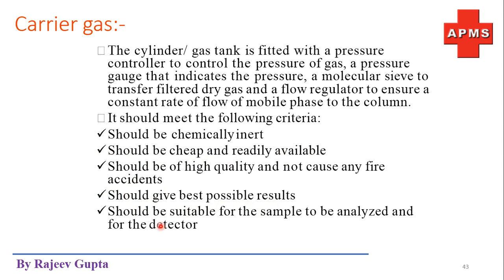It should give the best possible results, meaning the results obtained should be interference free, and it should not create any interference during detection. It should be suitable for the sample analyzed and for the detector, meaning we choose a suitable carrier gas according to the sample. If the sample is changed, we may have to change the carrier gas.